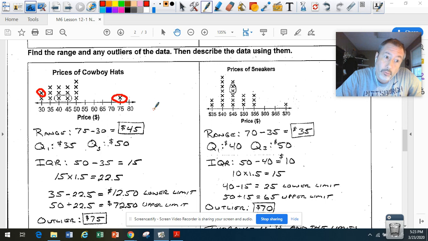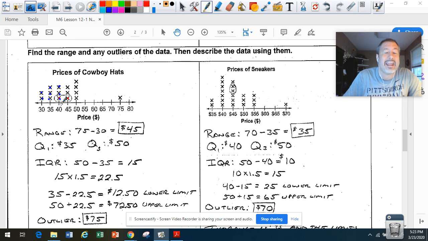Then we need to go through and find our Q1. Okay, now remember, with this one here, let's look here, we know that we're dealing here with this 40 here, and this 45 here. So Q1, we are going to include this one here. So if we take a look here, let me do this in blue. We got 1, 2, 3, 4, 5, 6, 7, 8.